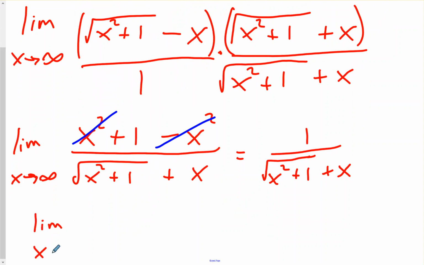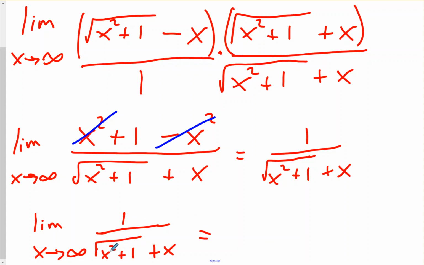So the limit as x approaches infinity of 1 over the square root of x squared plus 1 plus x. Now notice what happens if x were plugged in here.